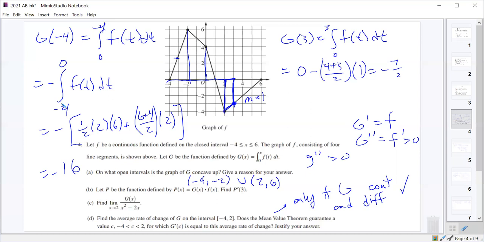Any other questions? You're talking specifically about part A or in general? Yeah, you're going to use parentheses anytime you're talking about concavity. 100% of the time, if you're talking about concavity, it's parentheses.